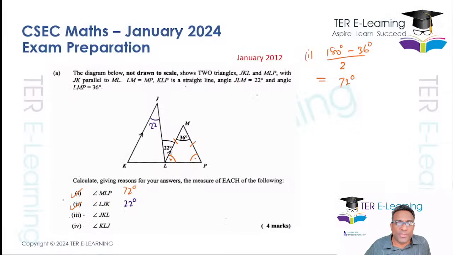The third part now, what do we want? JKL. Where's JKL? JKL is this angle here. So always go to the diagram and see which angles they want us to work out. Let's see, how are we working out JKL now?